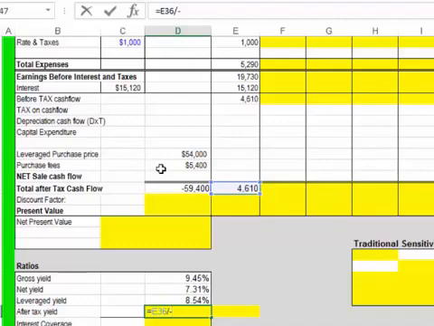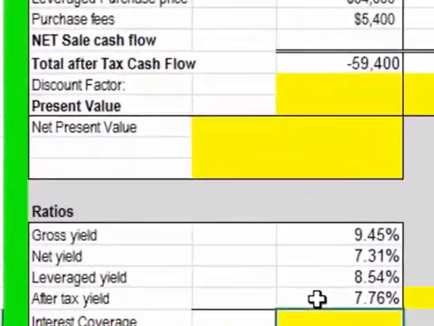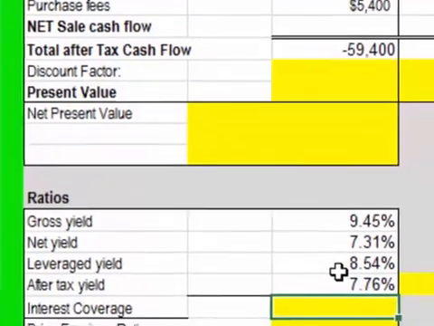Couldn't buy the property without spending money in that regard, and also every element available in the operations. So we'll divide by D36, and that gives us 7.76%. And so we can see that the after-tax yield is a little bit lower than the leveraged yield. In certain circumstances, the after-tax yield can actually be better than the leverage yield, and that little bit of magic we'll keep for another time.